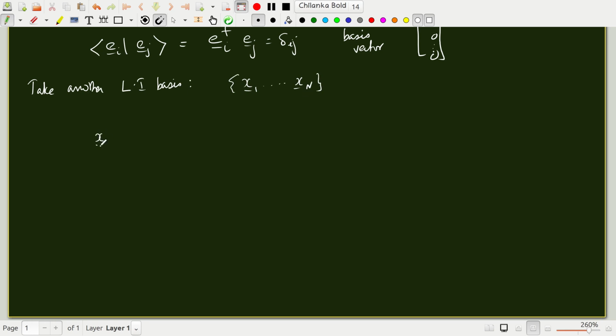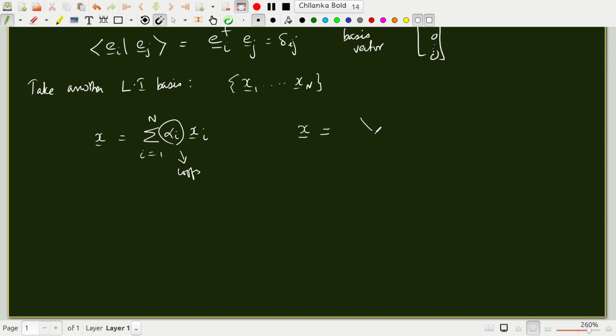So any vector x can be represented in terms of this basis in the usual manner, sum over i equal to 1 to n. These are the coefficients of expansion. There are n such coefficients.